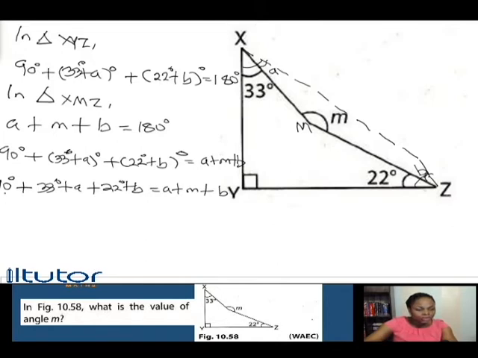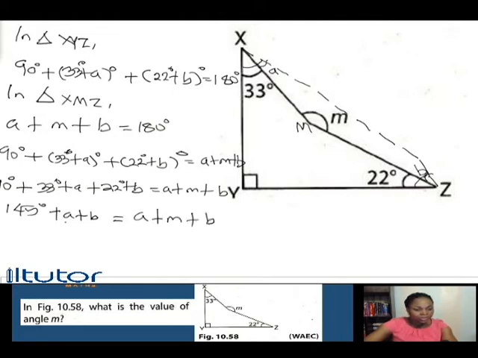Okay, so we have 90 plus 33 plus 22 will give us 145 degrees, so plus A plus B, which is equal to A plus M plus B.